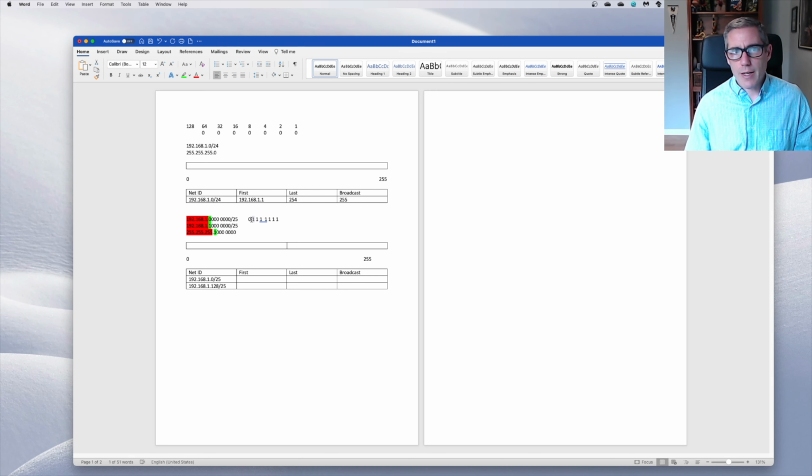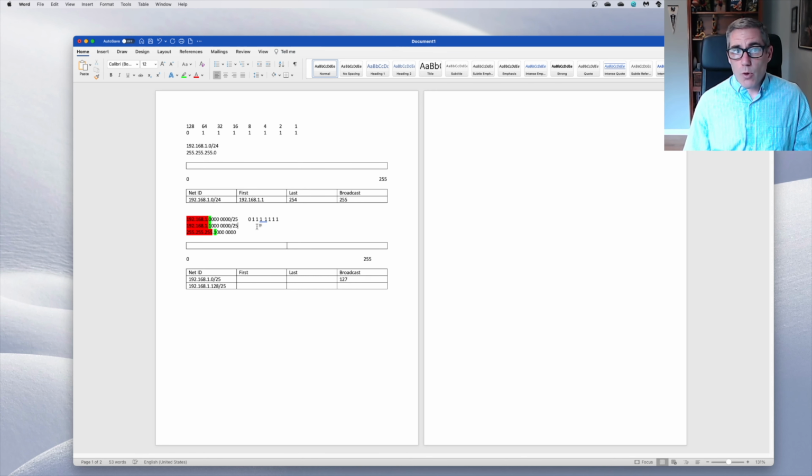The broadcast is defined as putting all 1s in the host bits. If we do a 0 on that bit, because that's network, we can't change that. Now we set all of our host bits to 1. If we add 64 and 32 and 16 and 8, 4 plus 2 plus 1, we get 127.